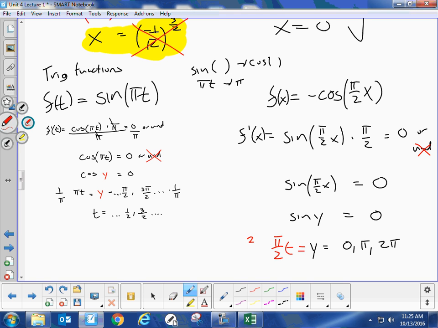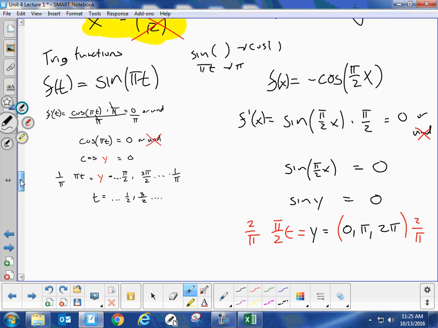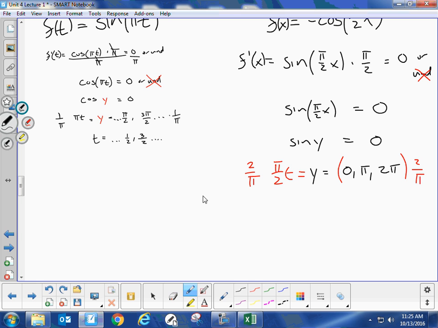Well, multiply by 2 over pi, reciprocals. So all of these terms are going to be multiplied by 2, then divided by pi. Well, if you divide them by pi, it's 0, 1, 2. If you multiply them by 2, you get 0, 2, 4, etc. Okay? So it appears it's going to be all of the even numbers.